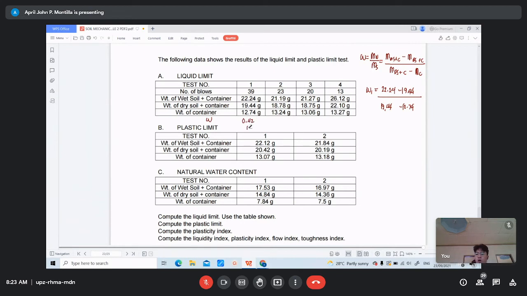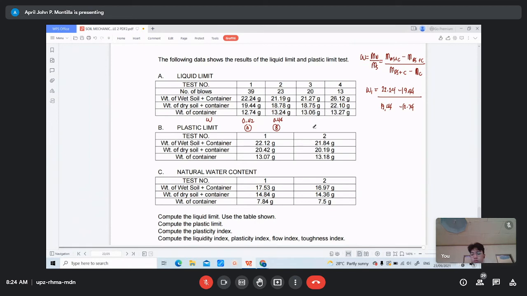Store nyo kay A. Second trial, ano po yung water content? 0.44. Store the value as B.